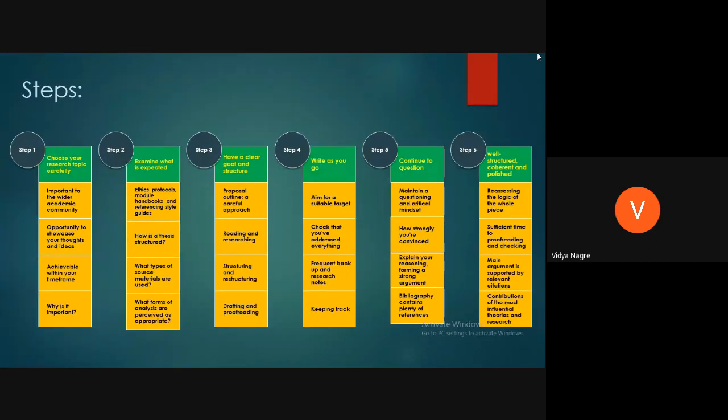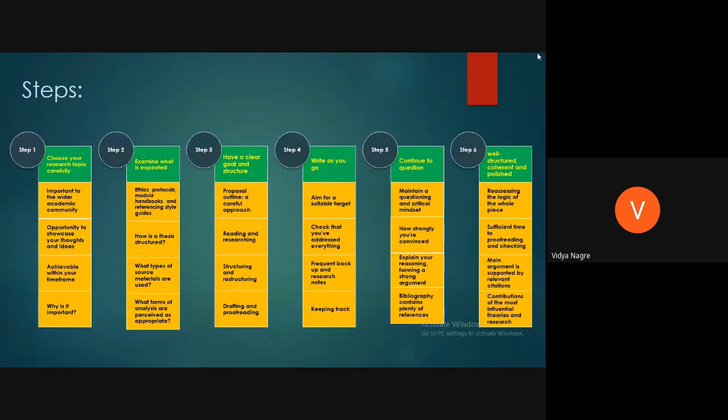My guide used to tell me, if you feel bored of reading your own work, then understand the readers are going to get bored of your work. So make sure that you are always enthusiastic about what you are writing. If your finding is monotonous, boring, make changes in your writing. It's very important. Give sufficient time to proofreading and checking.